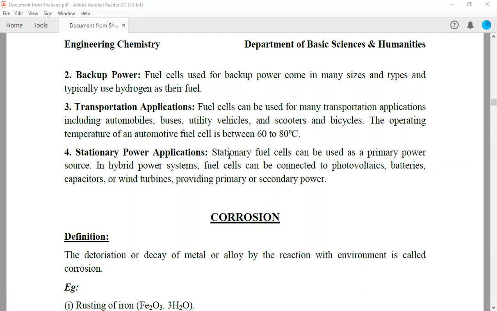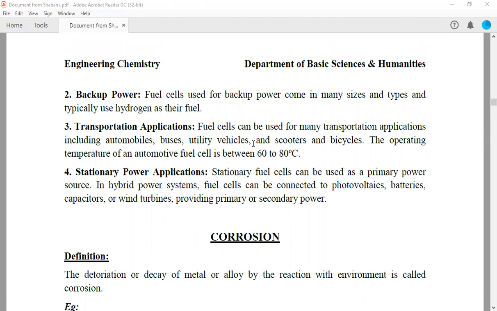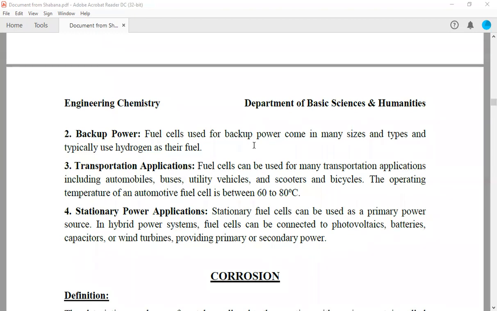Stationary power applications: stationary fuel cells can be used as a primary source in a hybrid power system. This fuel cell can be connected to photovoltaics, batteries, capacitors, and wind turbines, providing primary or secondary power.